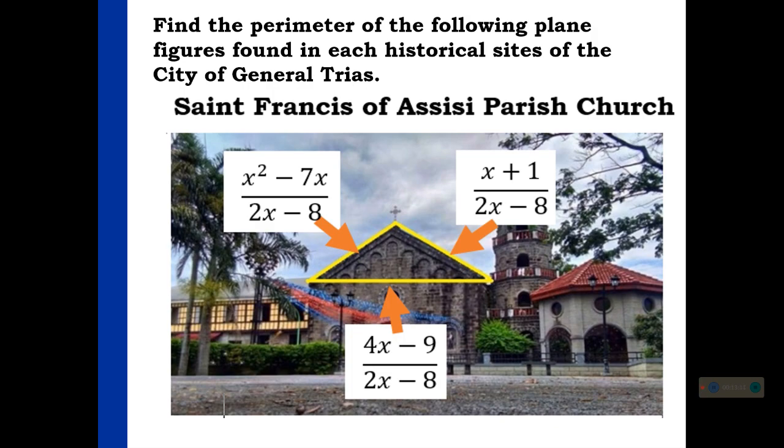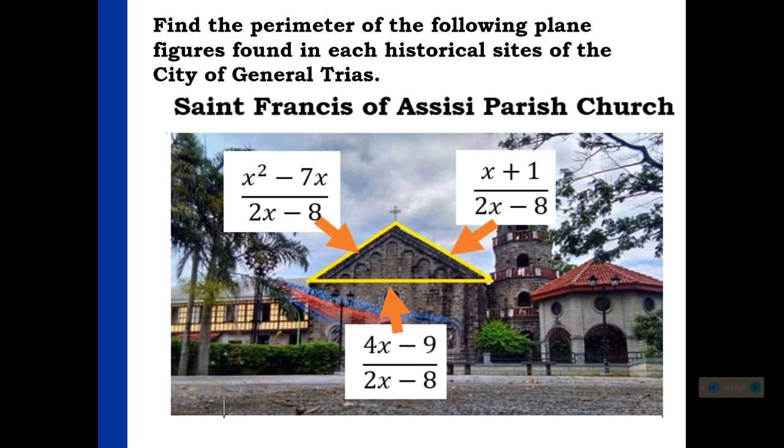So you have to apply what you have learned on your previous lesson, wherein you are going to find the perimeter of the triangle. So yes, you are going to add all the sides of the given triangle here.